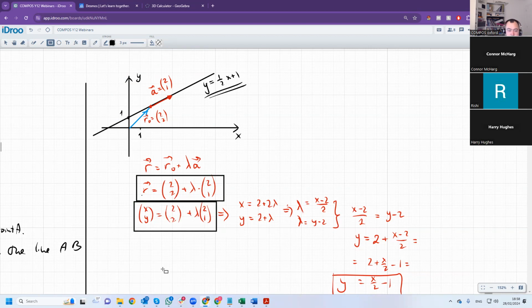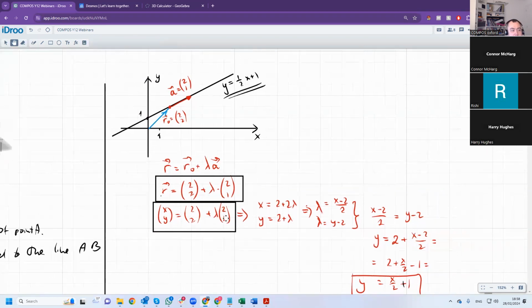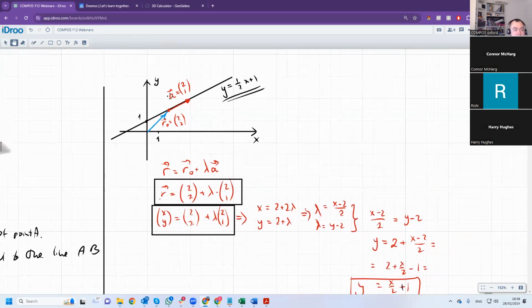X over 2 plus 1, of course. Yes, thank you, plus 1. You take any line, you take any point on the line, you take any vector parallel to the line, and you write this down like this. And this gives you the vector equation.